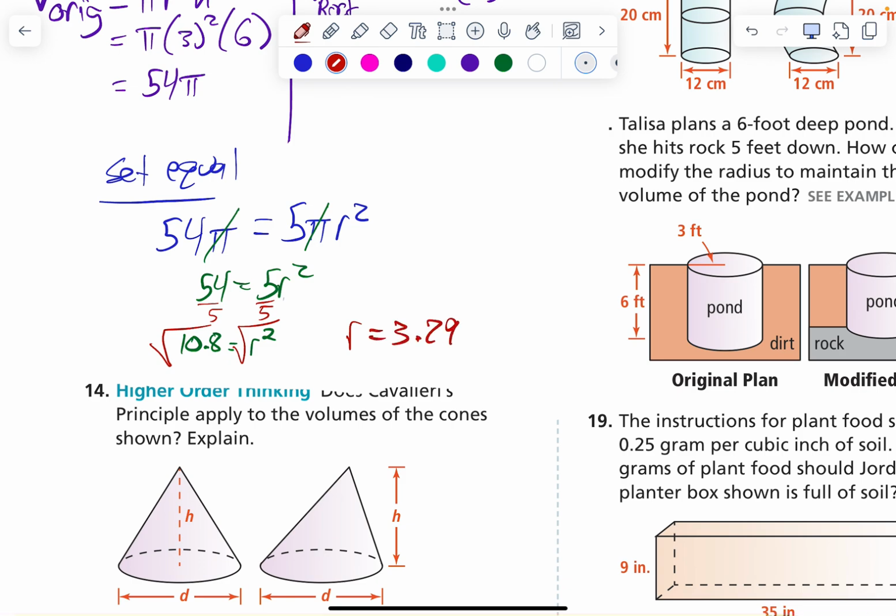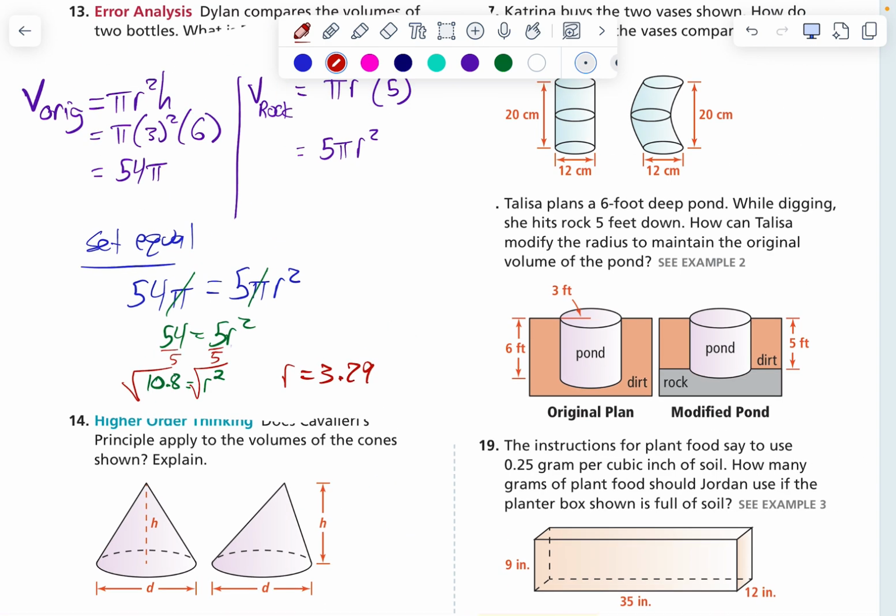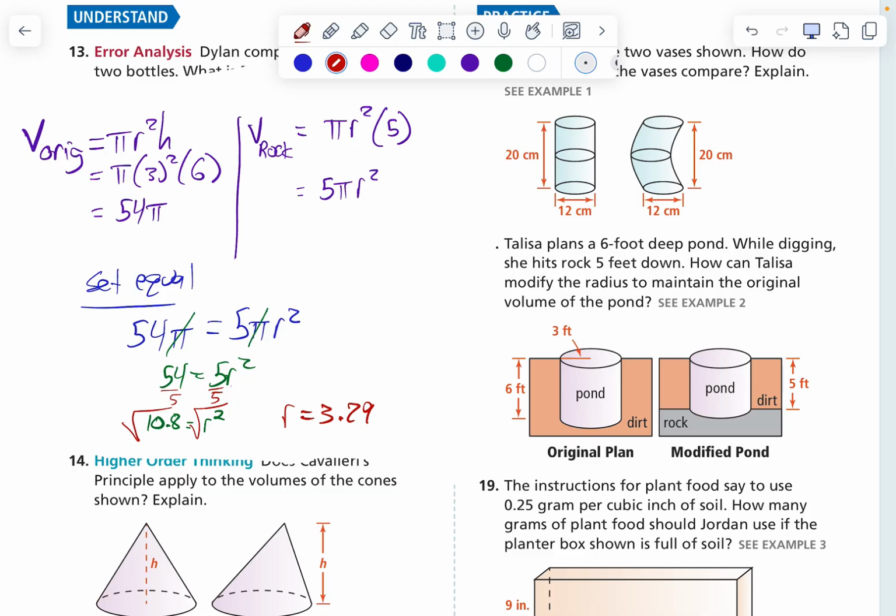Okay. So that's the new radius. It says, how can she modify the radius? So how would you say that is the new radius, but what's the modification? How would you say it? Is that question clear?